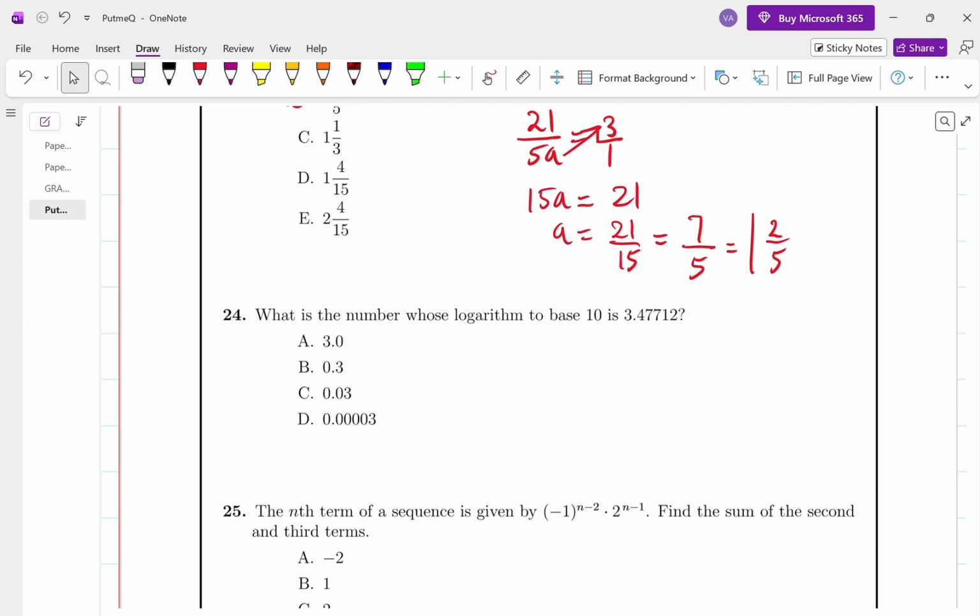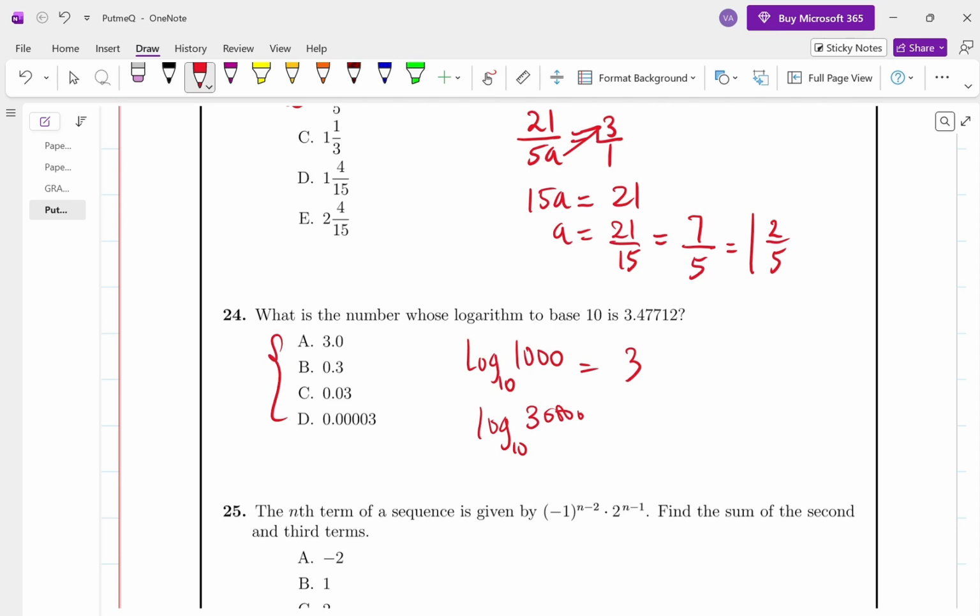The option is wrong because if you need a number whose logarithm will give you 3 point something, that number has to be up to 1000 because log 10 of 1000 will give us exactly 3. So if you're getting 3.47, this number should be around 3000 and something. So all of these options are wrong for this very equation.